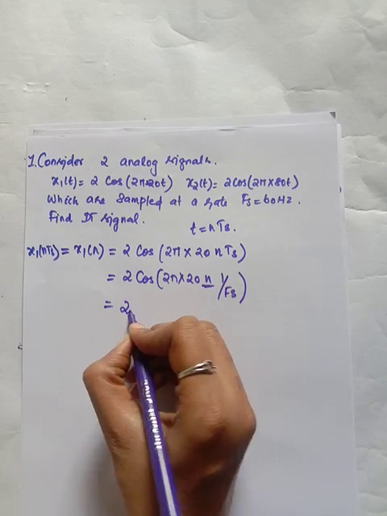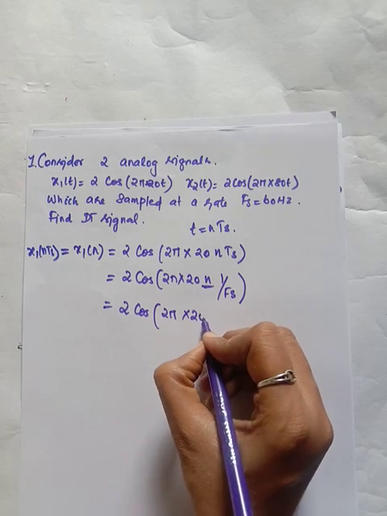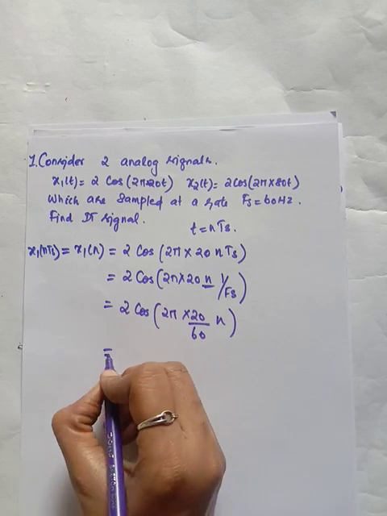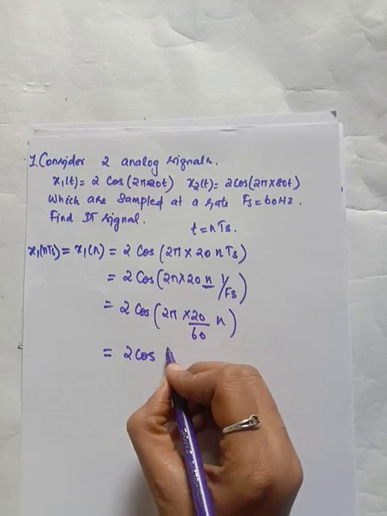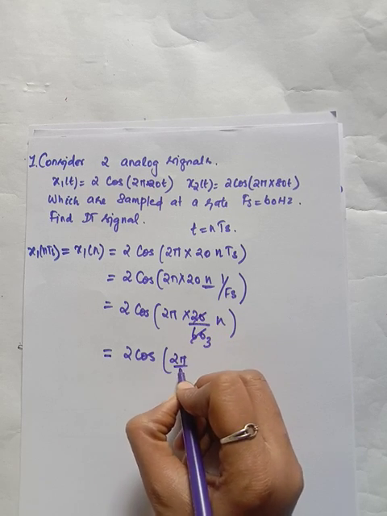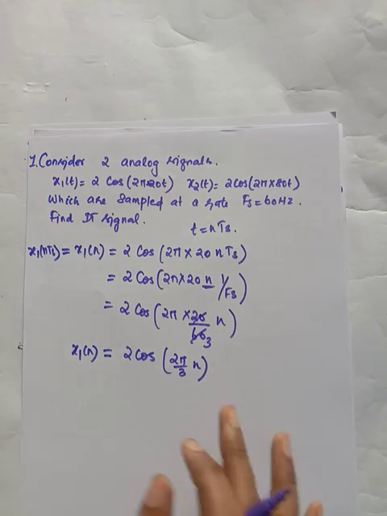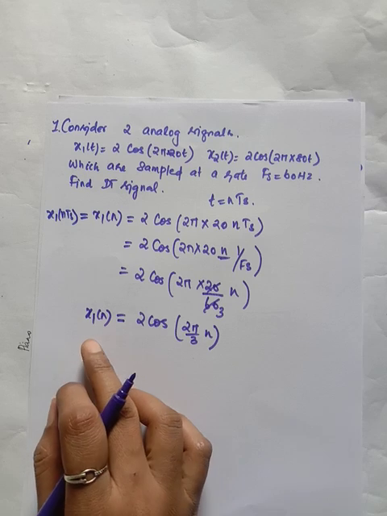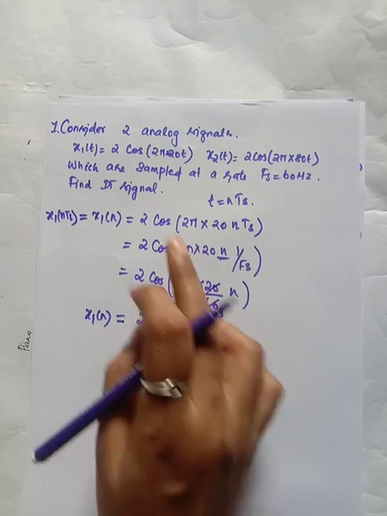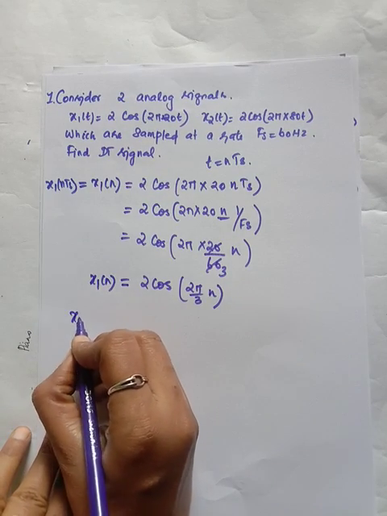Therefore 2 cos 2 pi into 20 divided by 60 into n. Cancelling these terms you get 2 pi by 3 into n. So the discrete time signal x1 of n is equal to 2 cos of 2 pi by 3 into n for this x1 of t. Similarly, I am going to do the same for x2 of t.